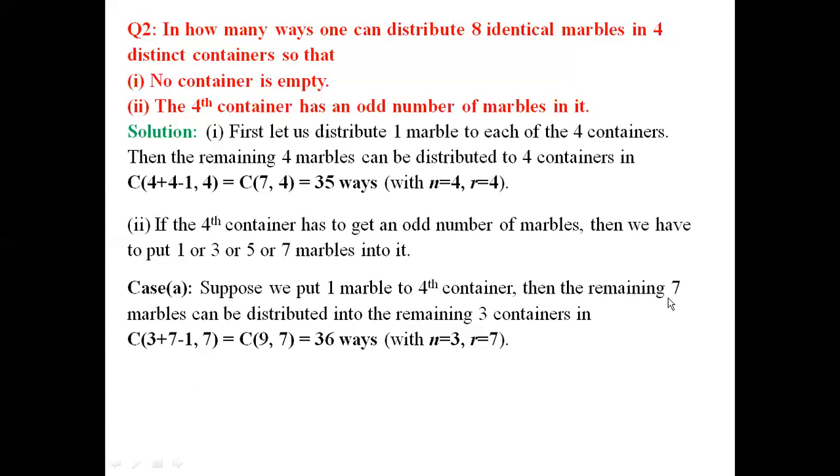What we are distributing is denoted by r, so r is equal to 7, and we are distributing that to the 3 containers, so n is equal to 3. So this distribution can be done in C of n plus r minus 1 comma r ways, so 3 plus 7 minus 1 comma 7, which is 9C7 ways. That is nothing but 36 ways.